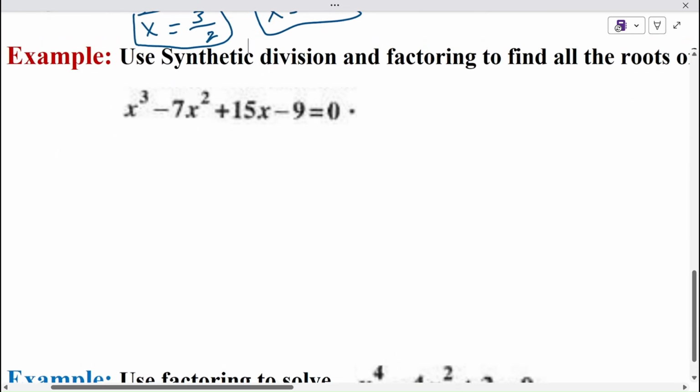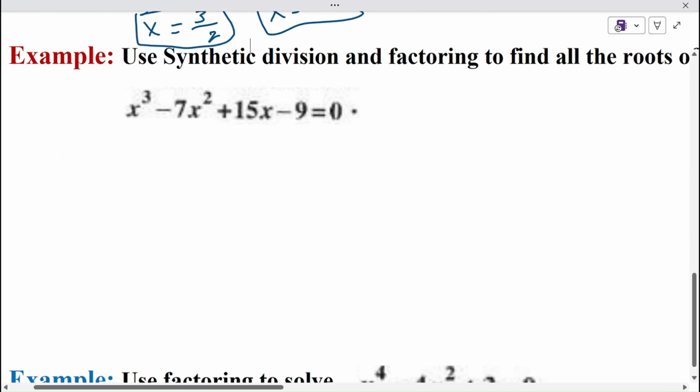Look at this example. In this example, we will use synthetic division. In the previous lesson, we studied this. If you haven't seen it, you can go and look at it. So look at this polynomial. In this polynomial, we don't have x in each term.